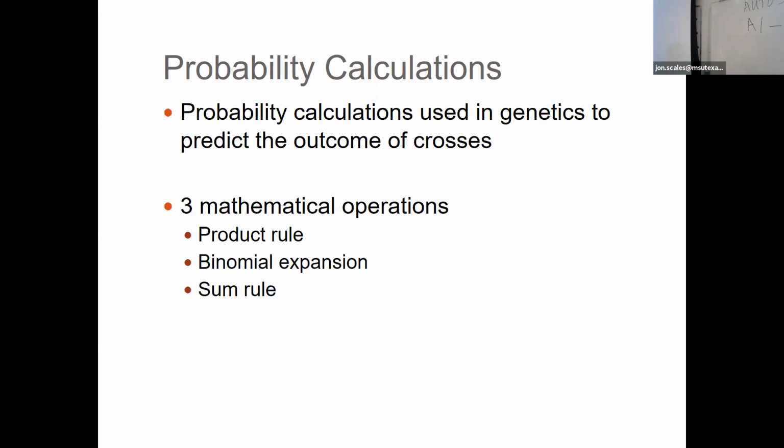And the sum rule. So product means multiply, and the sum rule means add. And the sum rule is used for events that are mutually exclusive, right? Like I said, what's the probability of dying? I said 100%. What's the probability of being alive or dead? Also 100%. But can you be alive and dead?